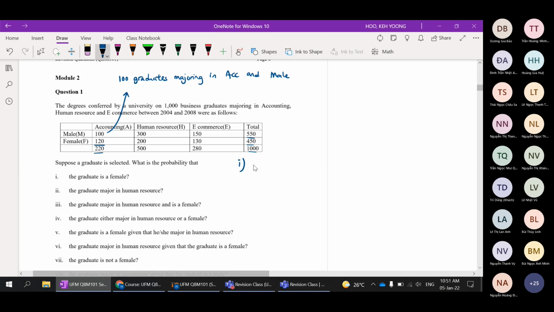So how do we write? We write P, which stands for probability, then brackets F. F here is referring to the female.